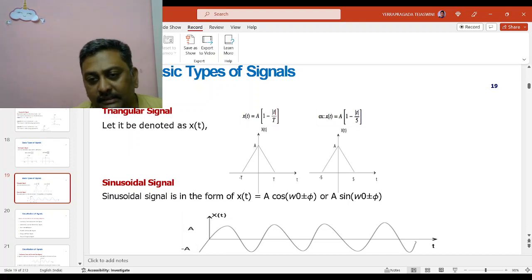You can see x of t is equal to A into 1 minus modulus of t divided by T, where modulus of t is the total time divided by this capital T, which corresponds to the time period in this particular plane. Next, x of t is equal to A into 1 minus t by 5. So this t is the total time and 5 is the time period that you have here.